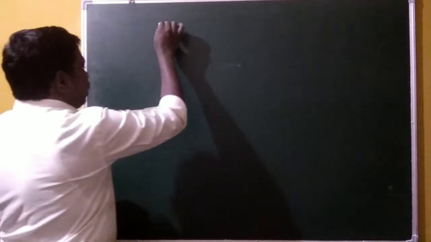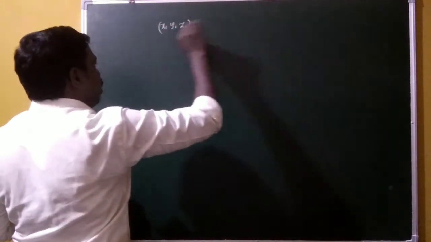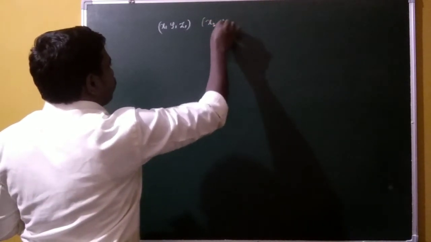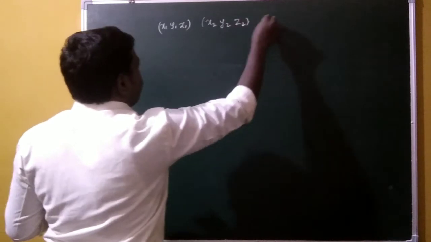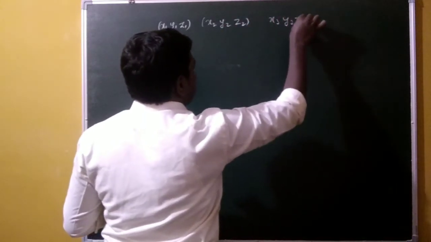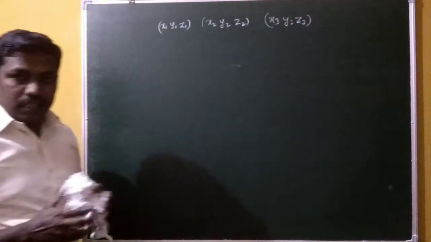So 3 points, 3 or more points x1 y1 z1, x2 y2 z2, right? Next x3 y3 z3. For the sake of simplicity, I have taken just 3 points.